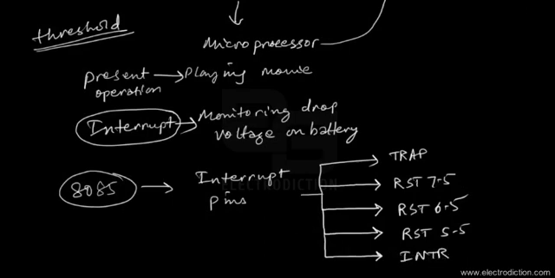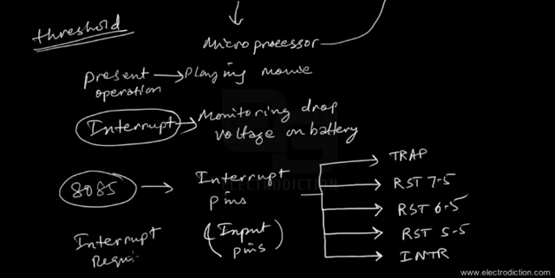All these are interrupt pins, and they're input pins. Whenever a required voltage level appears on one of the pins, it triggers an interrupt request in the microprocessor.